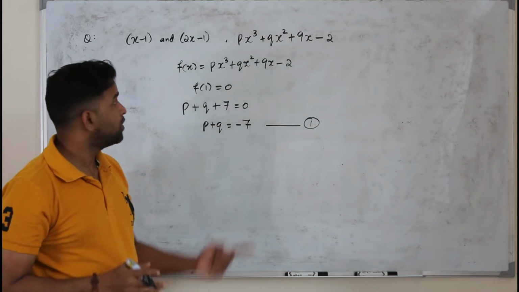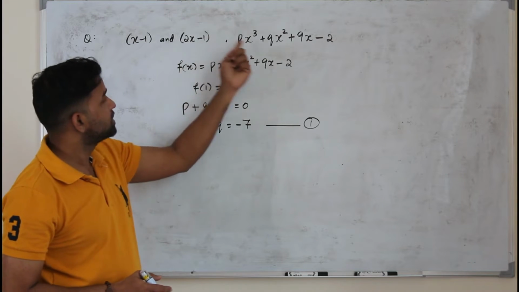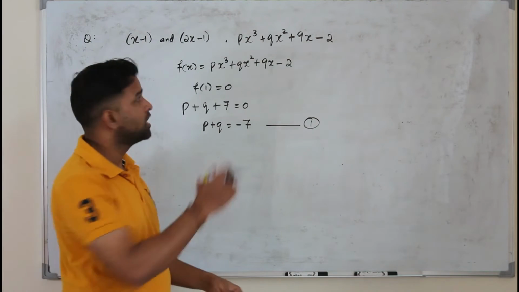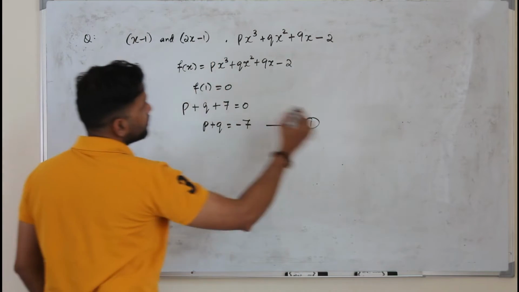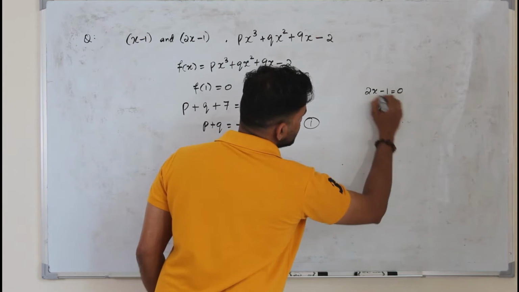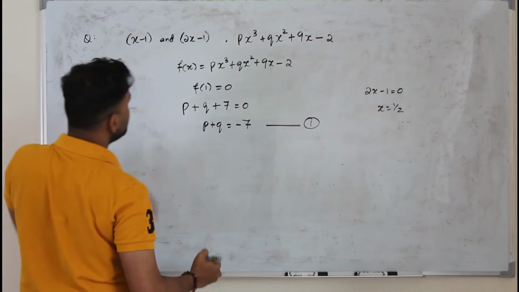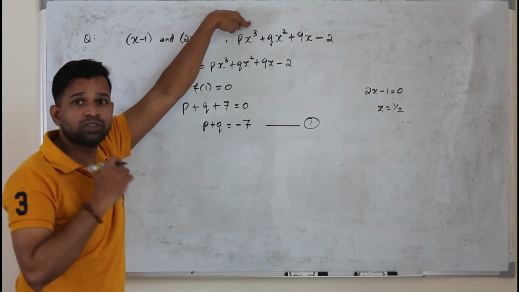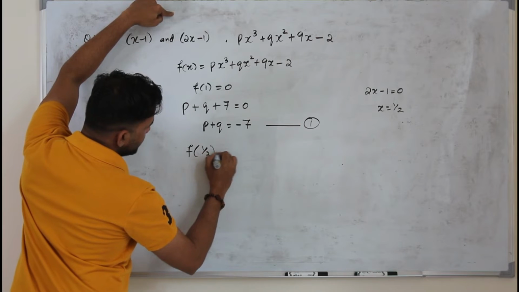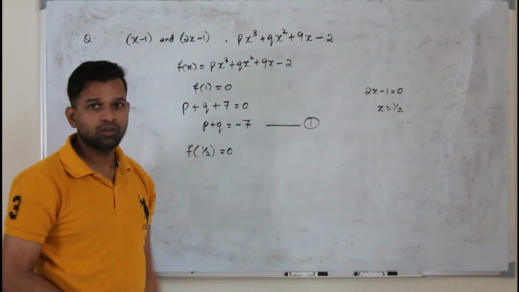Now you need to form another equation using the second factor. If 2x minus 1 is a factor, take 2x minus 1 as 0, so x is 1 over 2. So if 2x minus 1 is a factor of this polynomial, then f of half will be 0 because x is half.